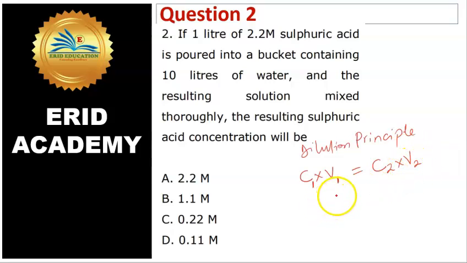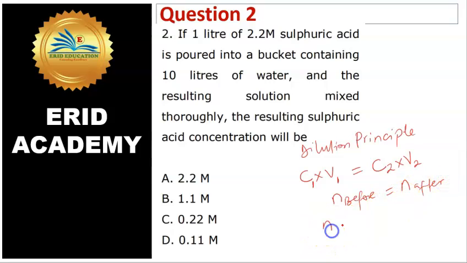This is so because if no additional quantity of sulfuric acid is added to this solution, the number of moles of sulfuric acid before dilution should be equal to the number of moles after dilution.